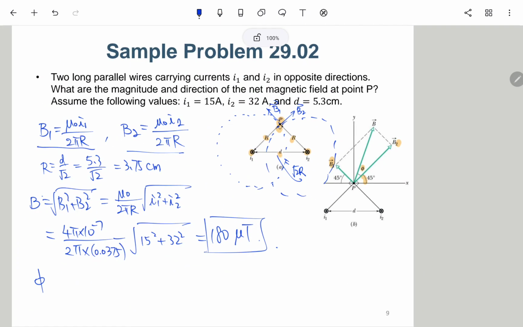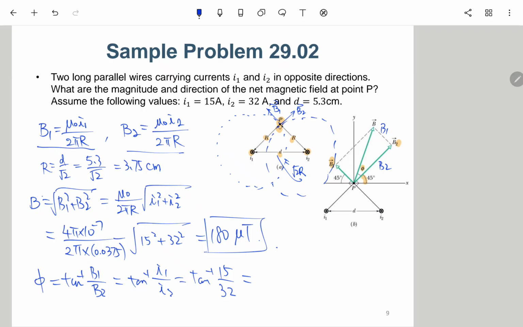So this phi should be arctangent of B1 over B2, where this side is B1 and this side is B2. Mu 0, 2 pi r, all will be cancelled. So the remaining stuff is arctangent of I1 over I2, so this is arctangent 15 over 32.